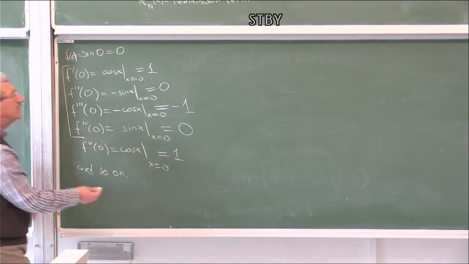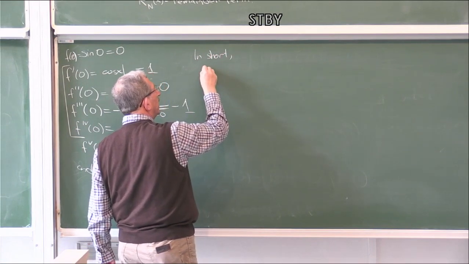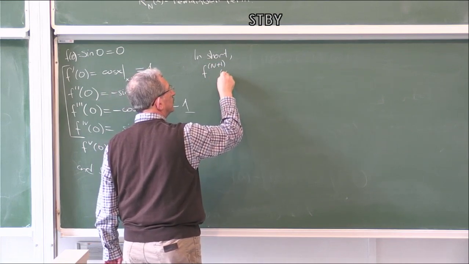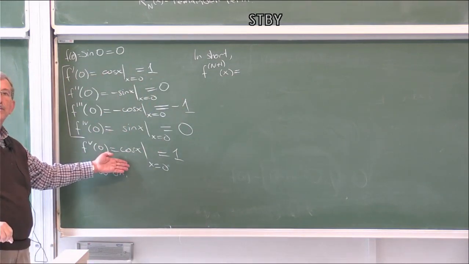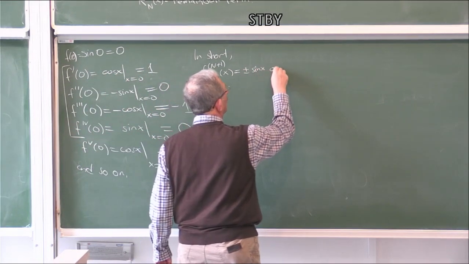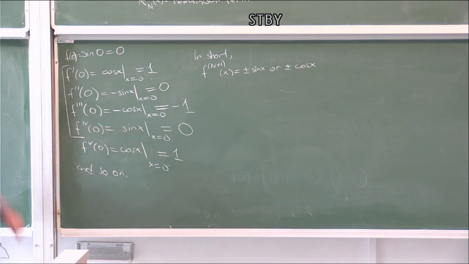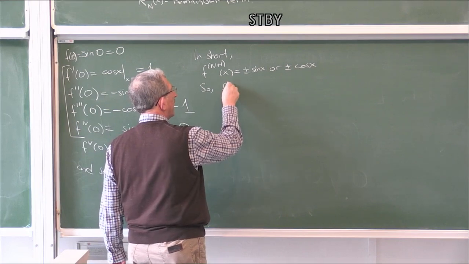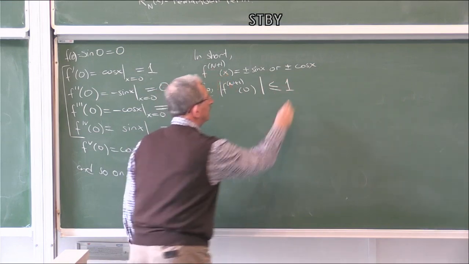That means, in short, the nth derivative, or n plus first derivative of our function, is one of the following: plus or minus sine x or plus or minus cosine x. It's either one of these four things. And thus, f^(n+1) at 0 is less than or equal to 1 for every n.